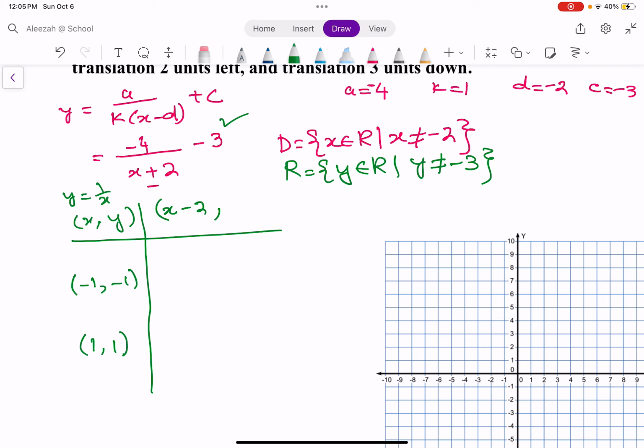Okay, a is negative 4, y plus c, which is negative 3, right? So if I plug in the first point, negative 1 minus 2 is negative 3, and that becomes positive 4 minus 3 is just 1. From 1, 1, 1 minus 2 is negative 1, and if I plug in 1, negative 4 times 1 is negative 4, minus 3 is negative 7.